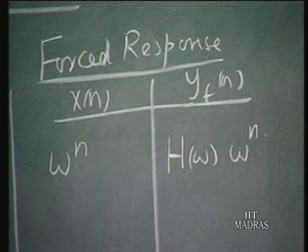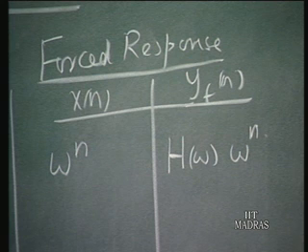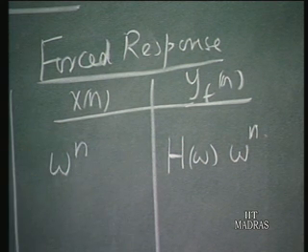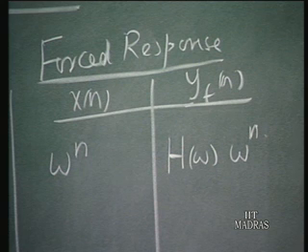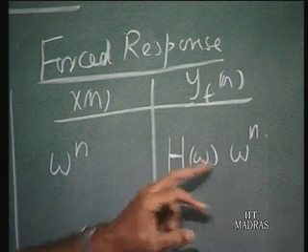This can be easily worked out using the partial fraction expansion, that means X(z) will be z upon z minus w, and find out the residue corresponding to that pole, and you can work this out. It can easily be shown that this is so.